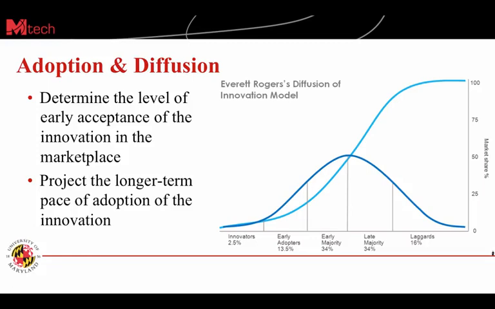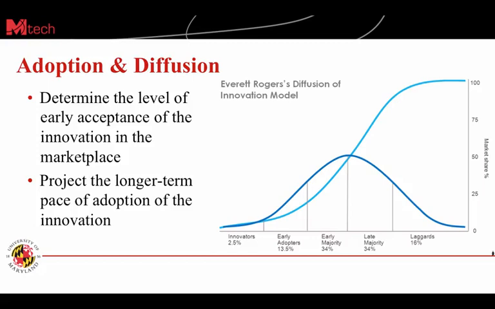Sometimes you don't ever reach that stage, because, as we see on that bell curve, sometimes you have laggards or late majority who are never going to adopt in some reasonable period of time. But what you want to do in this process step is determine the level of early acceptance and identify who it is that are those users or customers that can actually quickly adopt your product or your service.